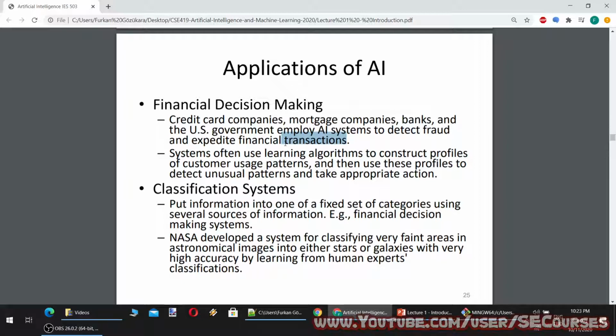So it is extremely hard to check them one by one by real humans. So a financial decision making system can filter through them and bring attention to human experts, the most critical ones or most inspectable ones and such.